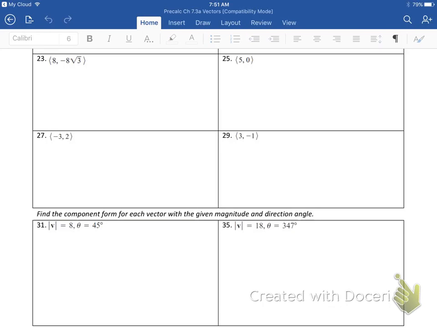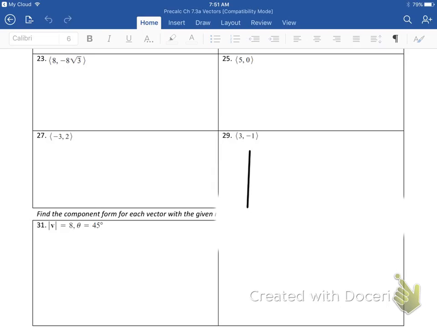So I'm just going to look at 29. I'm not actually going to solve it unless you need me to. I just want to look at what's happening and why the book did it different ways each time. So if I'm looking at (3, -1), we'll make this 1, 2, 3, -1.